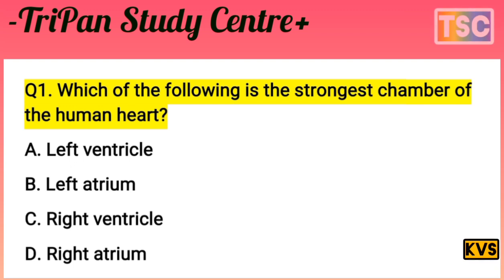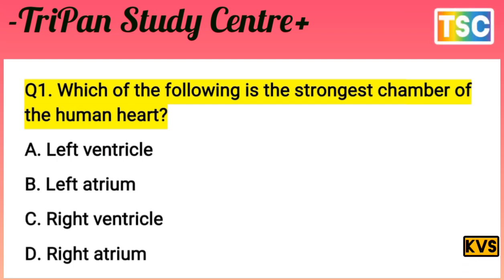Why is option A correct? Because the human heart has four chambers: two atria, the upper half, and two ventricles, the lower half. The left and right ventricles are the stronger chambers.